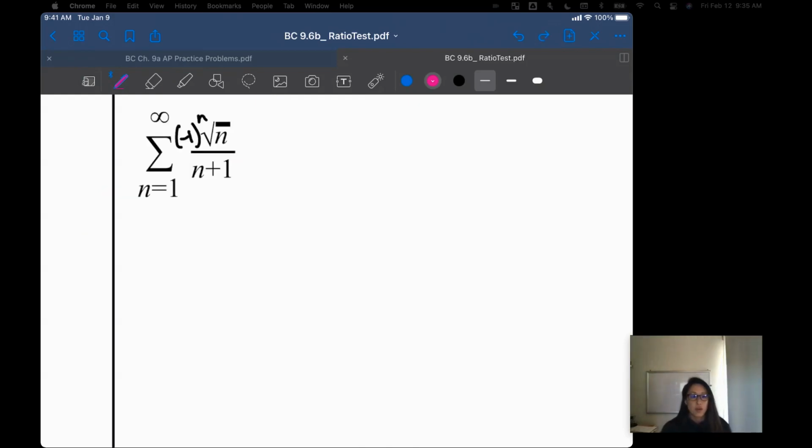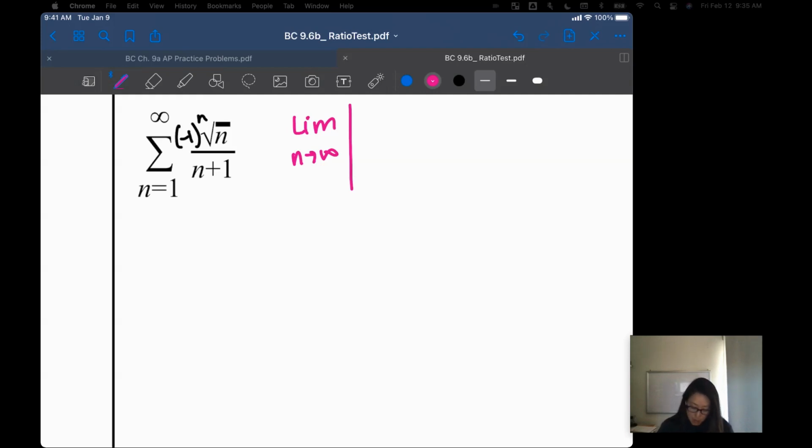Okay, so we're going to do the last one, the sum from n equals 1 to infinity of negative 1 to the n times the square root of n over n plus 1. So I'm going to set this up, the limit as n approaches infinity of the absolute value of, I don't really need to worry about the negative 1 because we're taking the absolute value.